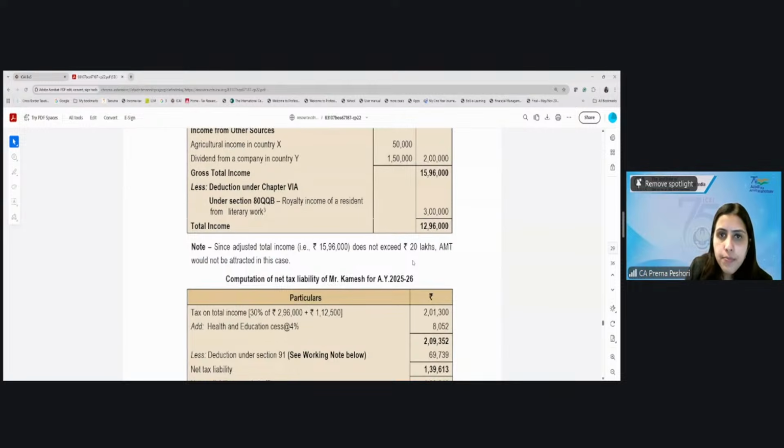What do you think? On what amount should I apply this 10% to get the credit? Should I take 6 lakh as royalty and 50,000 as agricultural income, or 5 lakh 50 as royalty and 50,000 as agricultural income? What is the amount that I should take?